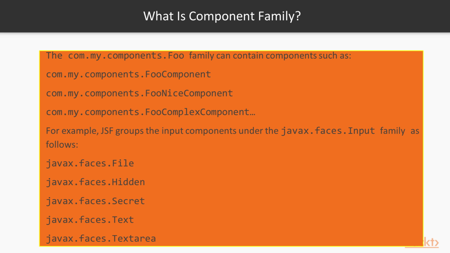Okay, so our foo family can contain components such as foo component, foo nice component, foo complex component, and so on. For example, Java Server Faces groups the input components under the javax.faces.Input family, as you can see here.